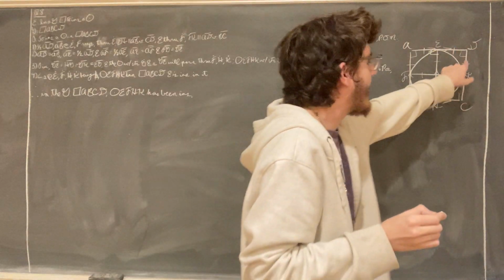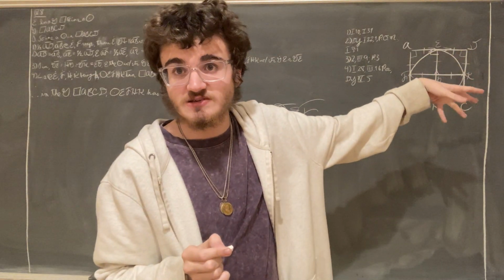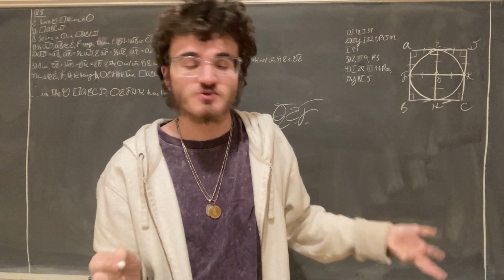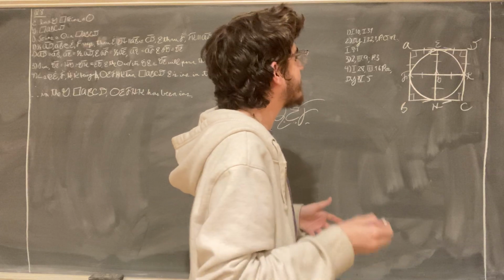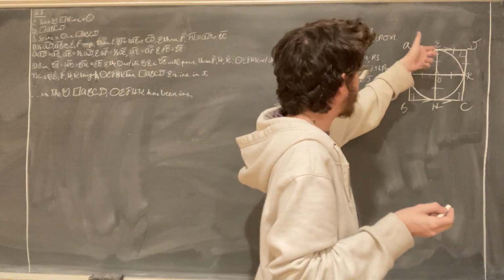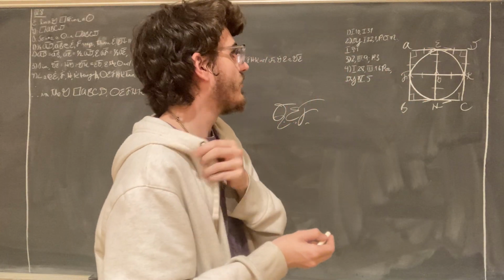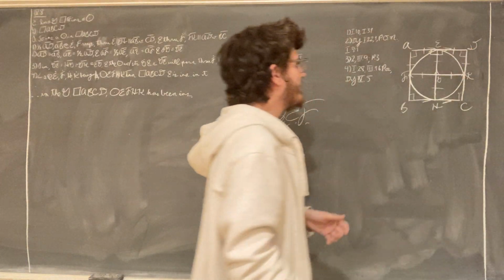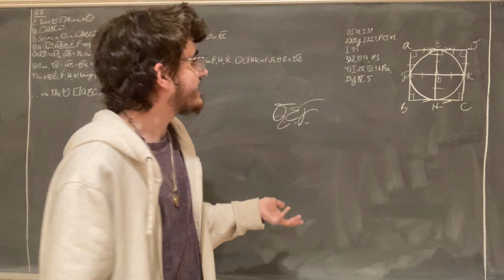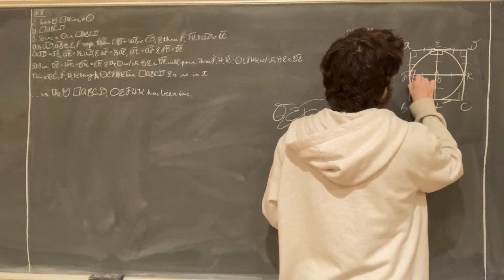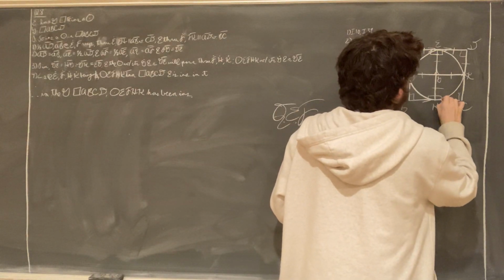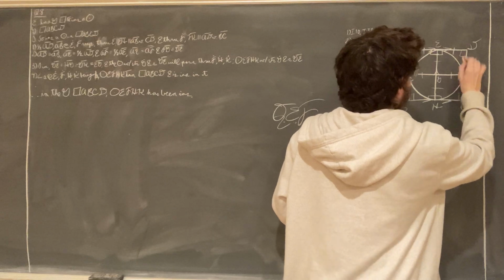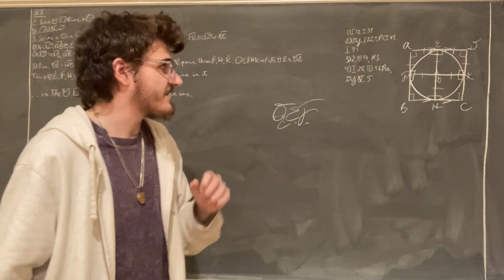And we know that the angle at D right here is a right angle because it's an angle in a square. And so whatever it's equal to will be a right angle, and so the angle AEG is a right angle, and that means that the other angle, GED, is a right angle. And we can prove in a similar way that all the angles at F are right angles, all the angles at H are right angles, and all the angles at K are right angles.